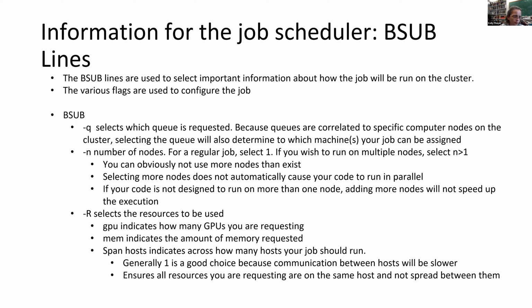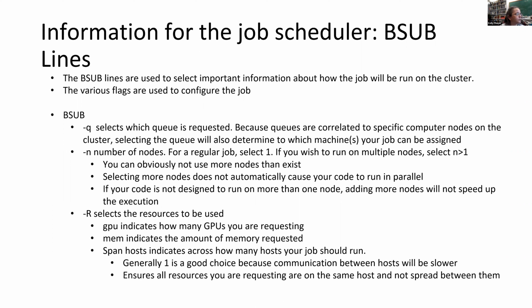So for example, in my group, we have some jobs that are going to need to work on the GPUs, the graphical processing units, and those jobs will require a considerable amount of memory. So we cannot just run it on any node on the computer. We would want to send it to a particular one. And so by using the configurations, we will be able to tell which one we could send it to.